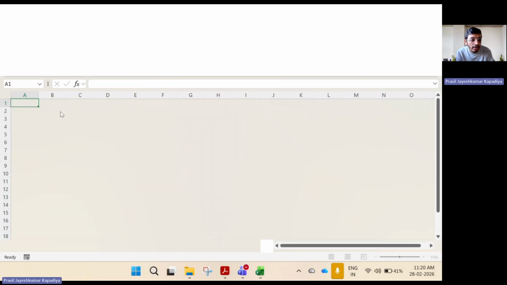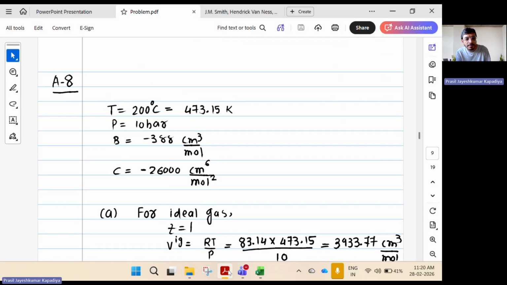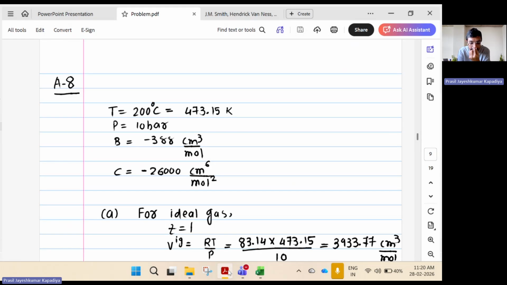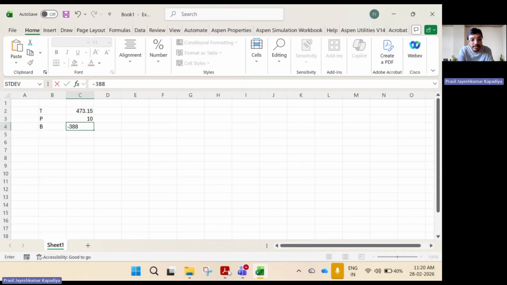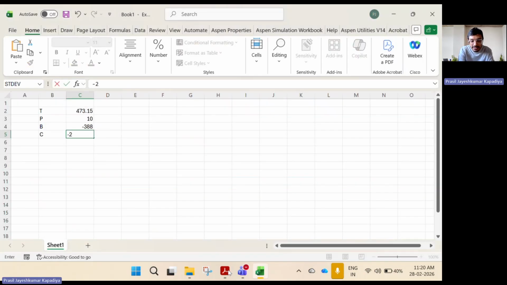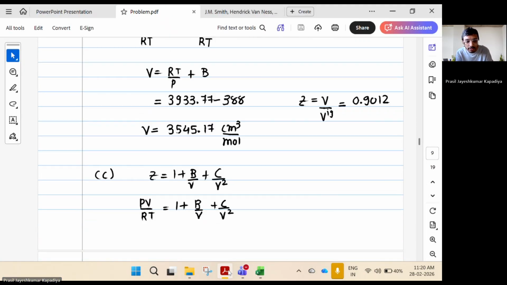Here our temperature is 473.15 Kelvin and pressure is 10 bar. The constants are B equal to minus 388 and C equal to minus 26,000.